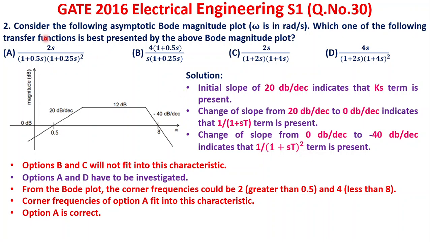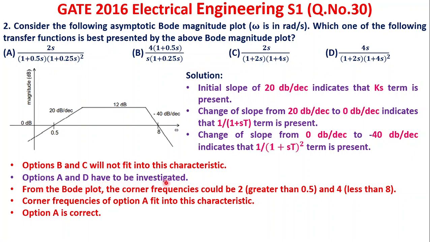Now if you look at all four expressions, 1 plus ST is present here, therefore this cannot be the right option. And in option C, 1 plus ST whole square is not there at all. Therefore, options B and C will not fit this behavior, so we have to check whether option A or option D is suitable.